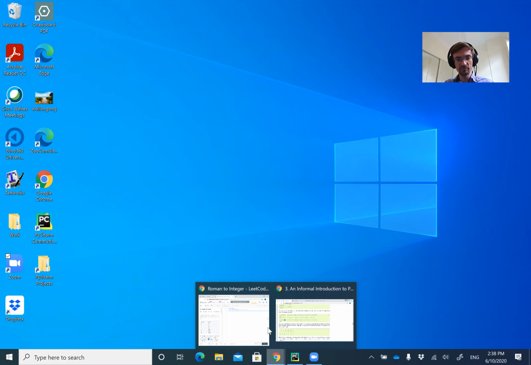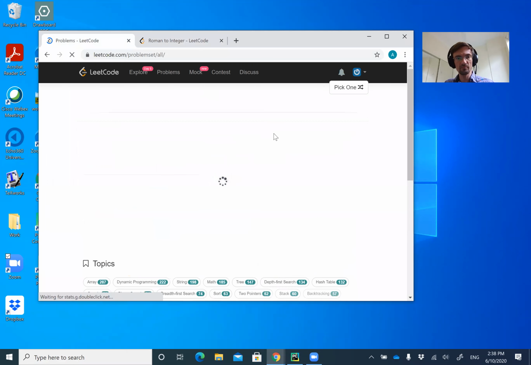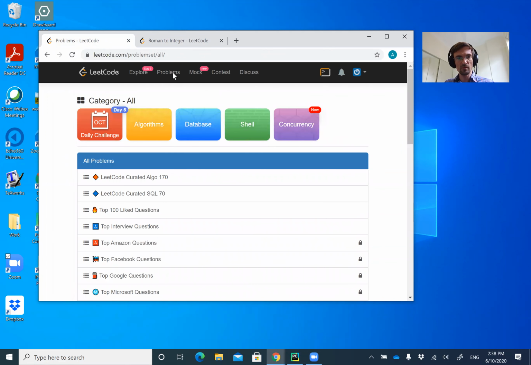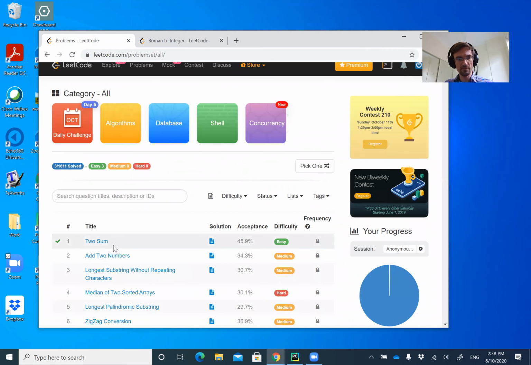So today we will be continuing to look at LeetCode. The problems I'm looking at are, let's see what's going on here. There they are.